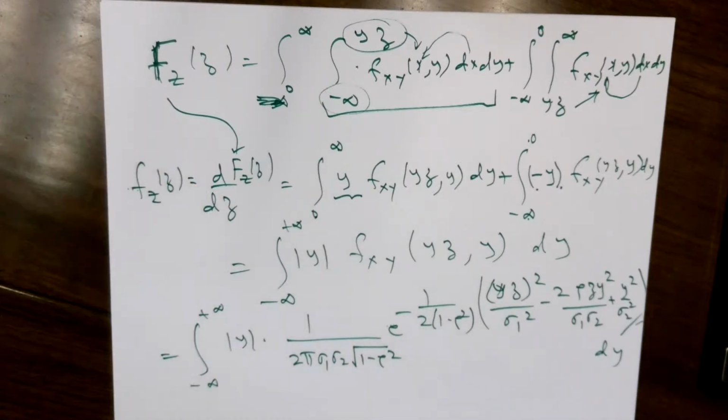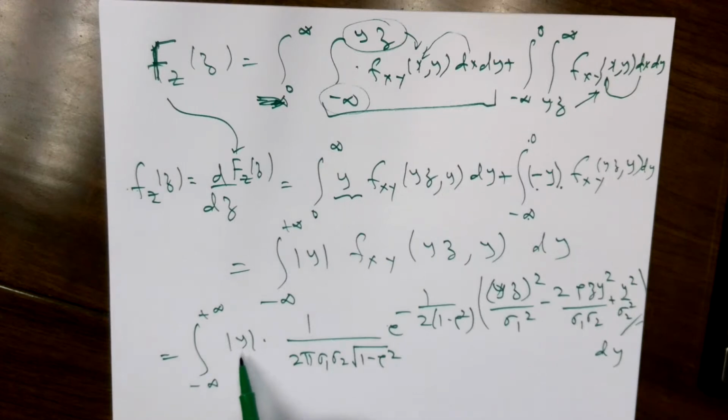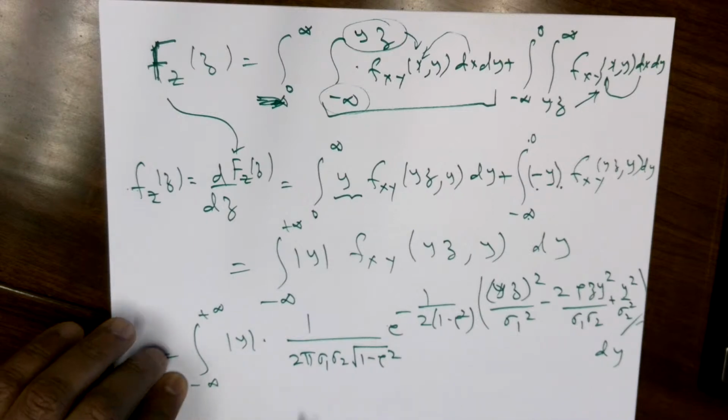So notice that the variable of integration is y, and y appears as y squared here and absolute value of y. So this becomes 2 times the integral from 0 to infinity, 2 cancels.